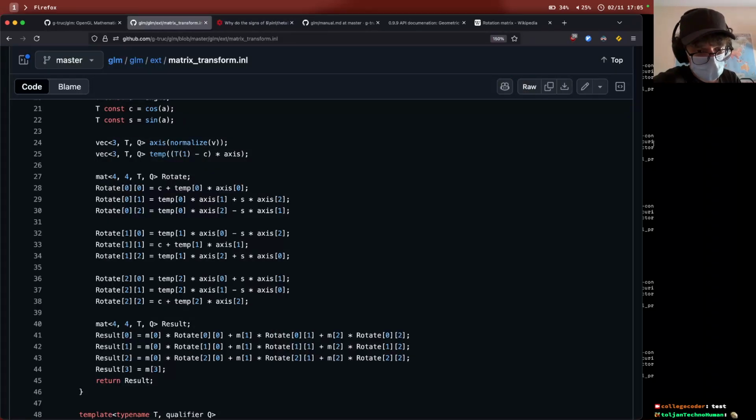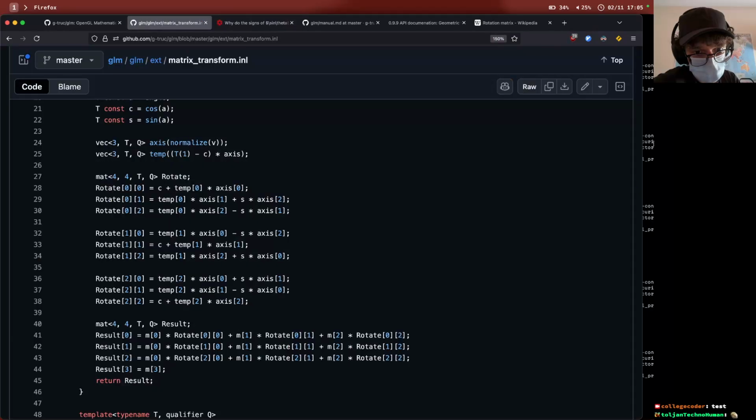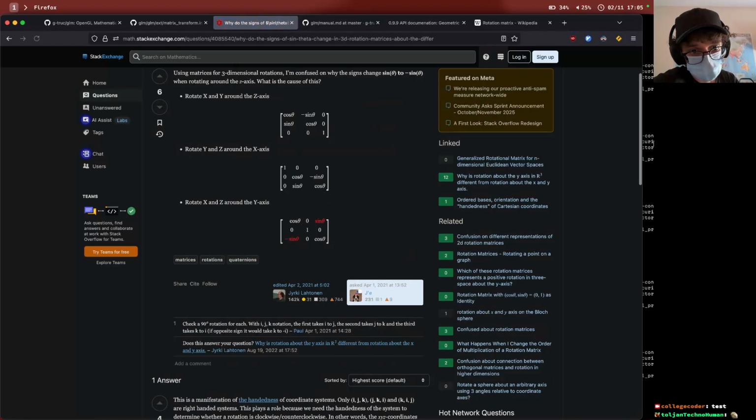The rotation then is axis on 1, so if we're turning around the z-axis, that should yield 0 as well, so cancels out temp. And then it adds sine times axis 2, axis 2 being y. If it's 1, then we end up with a sine. And wait a second, what the hell?